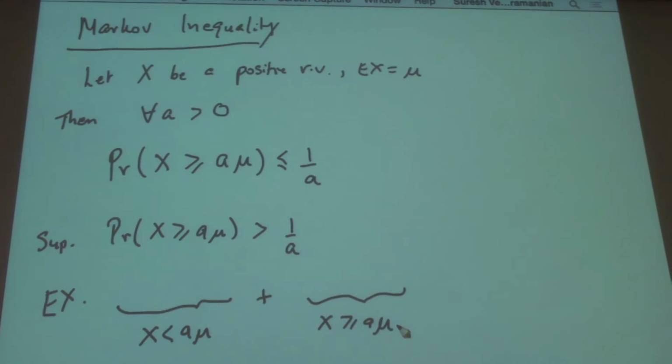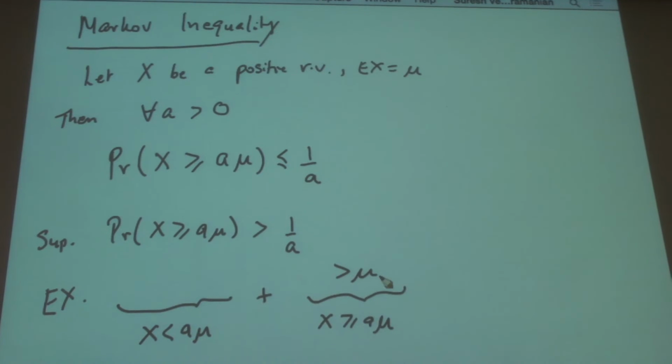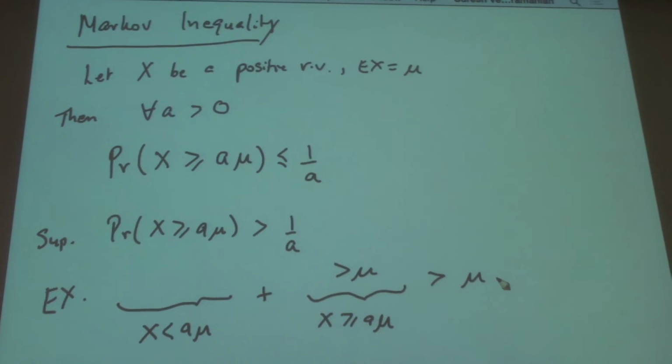And we've just shown that this part is going to be greater than mu. Because if I look at the average value of things that are more than a times mu, their value is at least a times mu. So it's at least a times mu times 1 over a, which is mu. And so this number is greater than mu, which is a contradiction. That's the intuition. You obviously cannot have too much stuff too far away from the mean, otherwise your mean would have to move. Does it make sense?